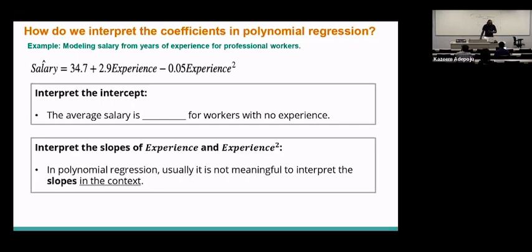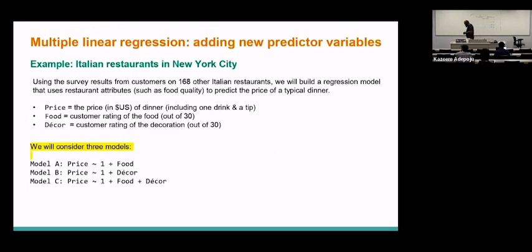Now, I quickly want to go to multiple linear regression. Take a look at this. I actually want to predict the price. I'm looking for factors that will enable us to predict the price of food in an Italian restaurant in New York City. And I'm considering there are three. I have variables like price, food, which is a customer rating of the food out of 30, and decoration rating out of 30.